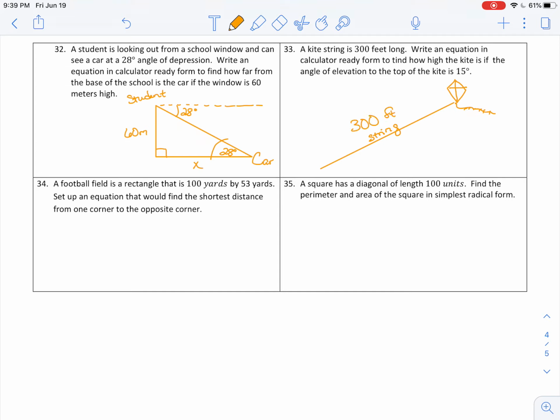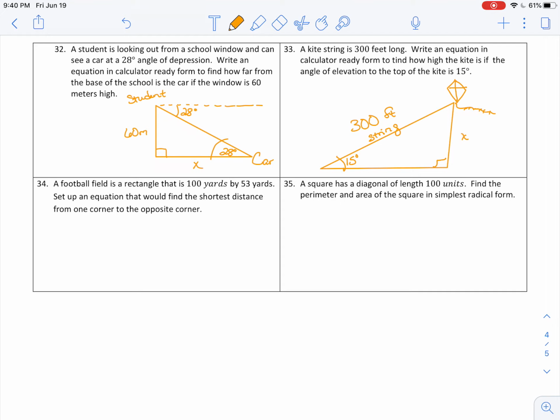It's 300 feet long. And again, you're just figuring out what you're going to put in your calculator to find how high up in the air the kite is, if the angle of elevation to the top of the kite is 15 degrees.